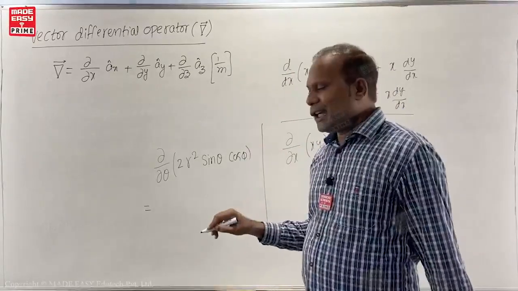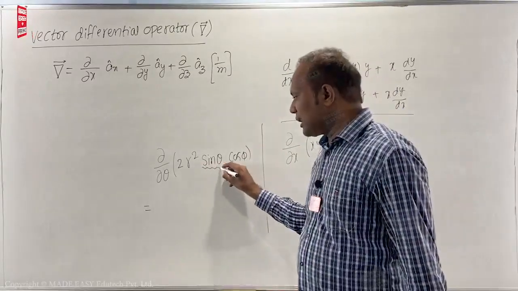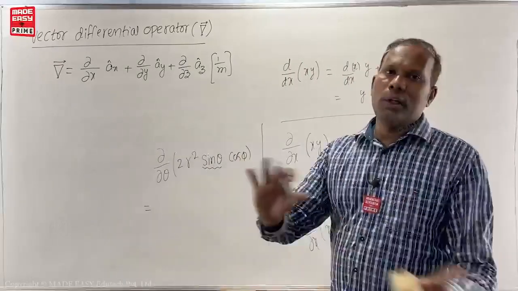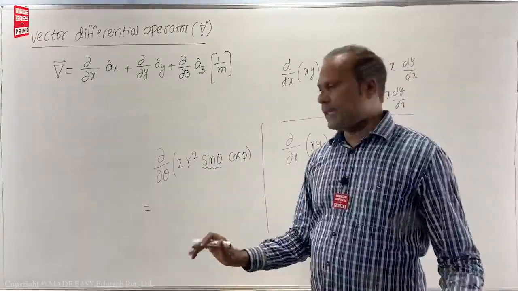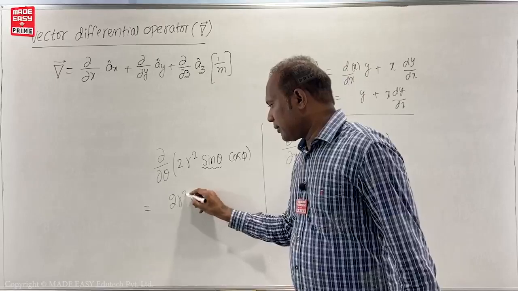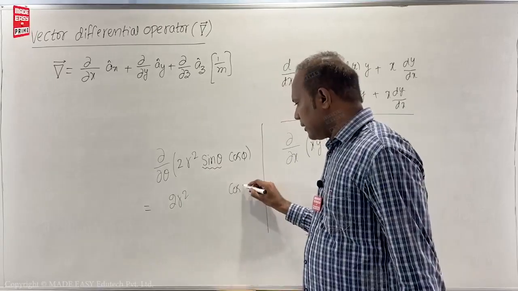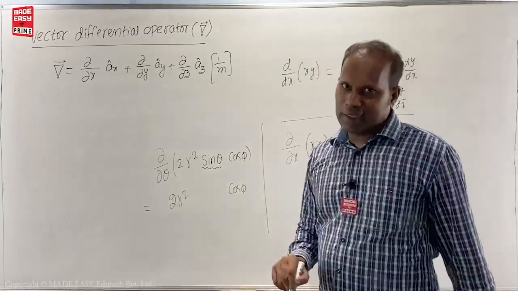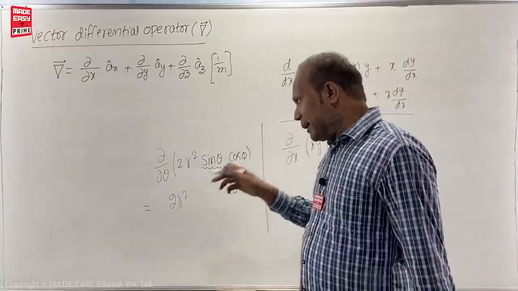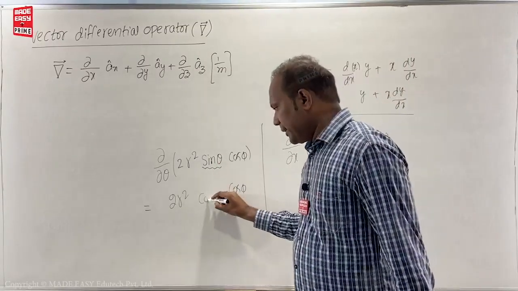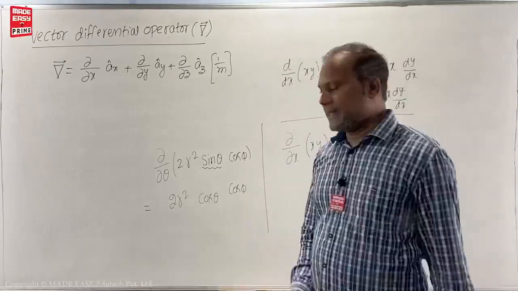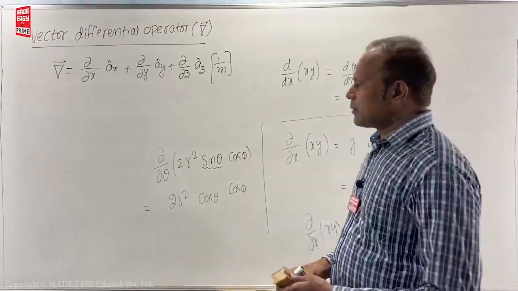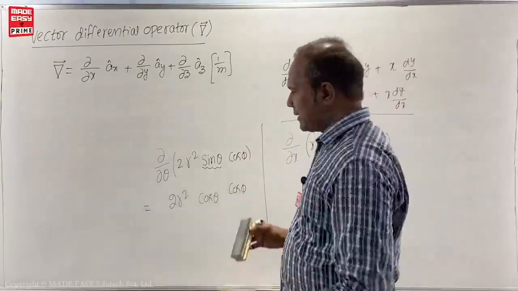Only take theta as a variable. So you differentiate the theta term and don't differentiate the others. That is the meaning. So 2r square is like that only, and cos phi is like that only. Simply you differentiate the theta term, and d by d theta of sin theta is cos theta. So that is the answer. Very simple. So from now onwards we will get partial differentiations.